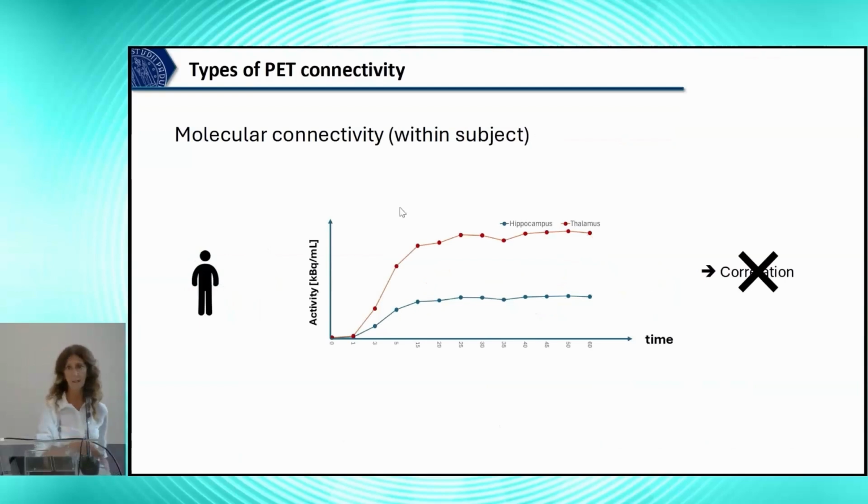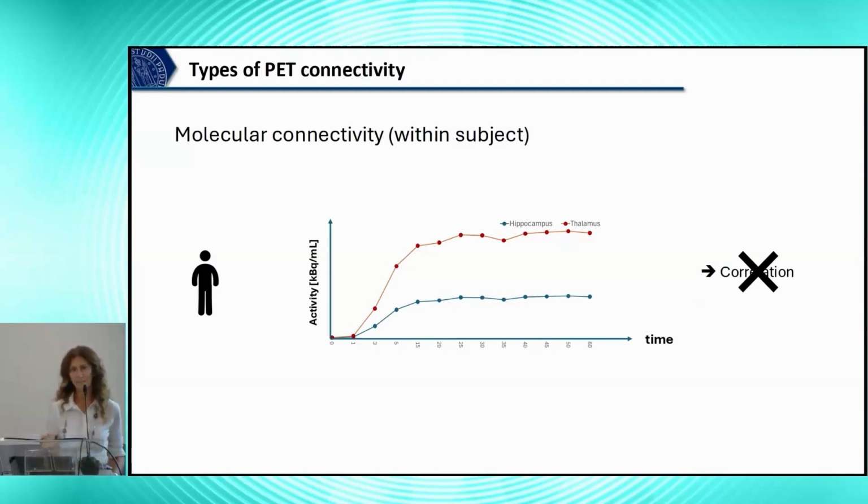The second possibility is this one. Here we have time. We have just one subject. We have the same regions, but now we have a signal, the PET signal, what we call time activity curves. Correlation is not the best measure to use here, because if you want a really good map, a really red map with values between 0.9 and 1, okay, this is a good way.